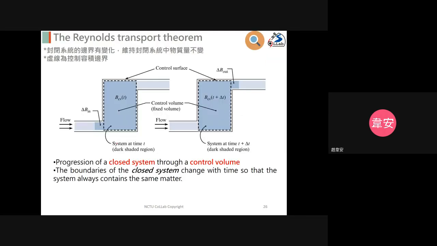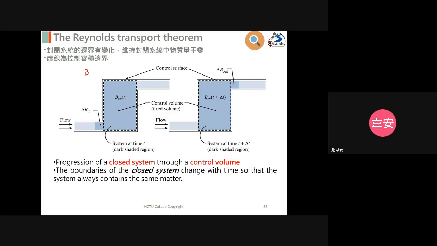Okay, so now we want to understand the total extensive property changes in closed systems, and how we can analyze the extensive property B changing with time.